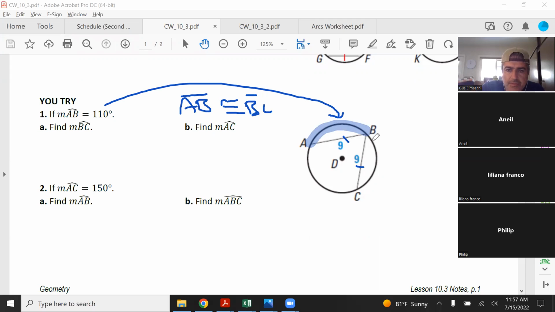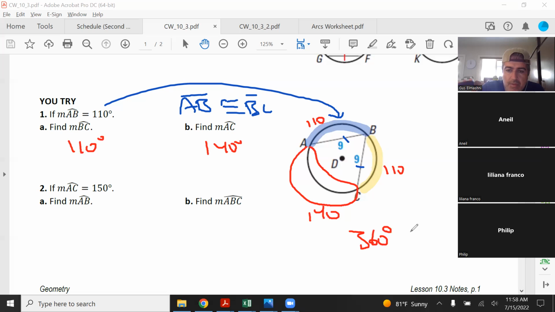Those two arcs are the same, so arc BC is also 110 degrees. So that's 110, and that's 110. So that's 220. So all that right there is going to be 140, because remember, you need 360 degrees for a full circle.